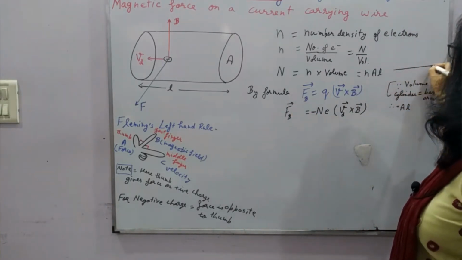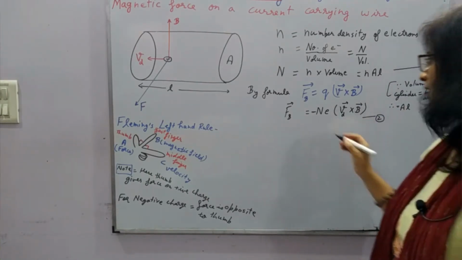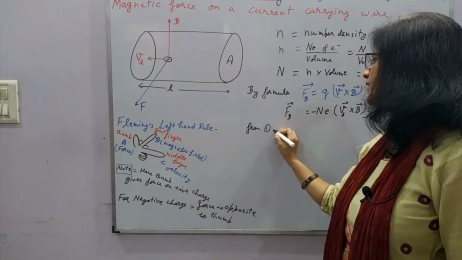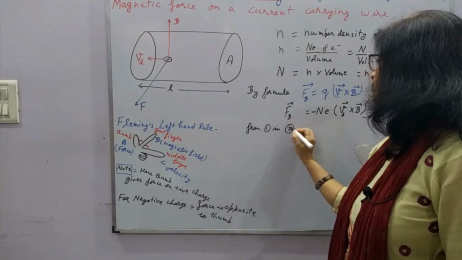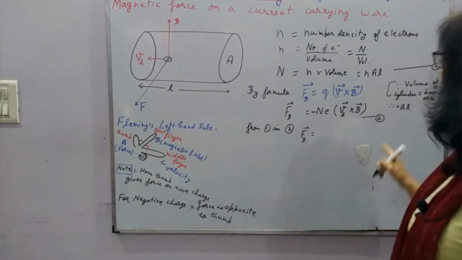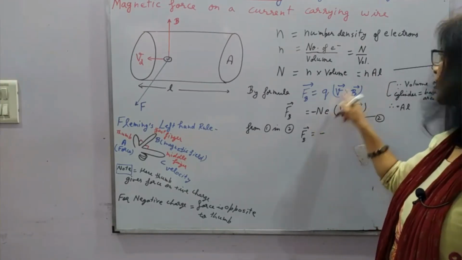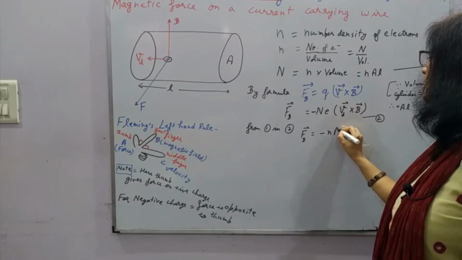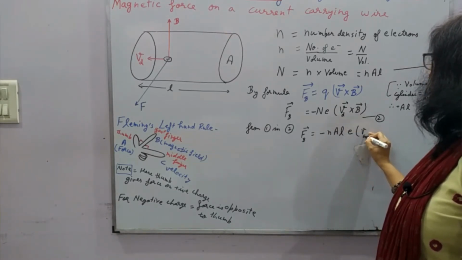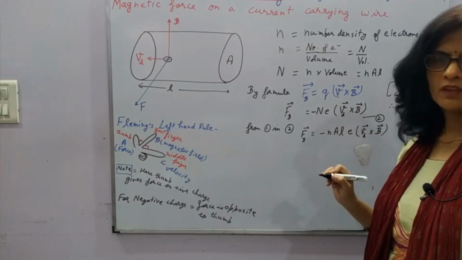Now if we consider this as our first equation and this as our second equation, let's put the value from 1 in 2. What will be our expression, beta? Our expression will be, for capital N we are writing N into A into L, into e into Vd cross magnetic field, right?